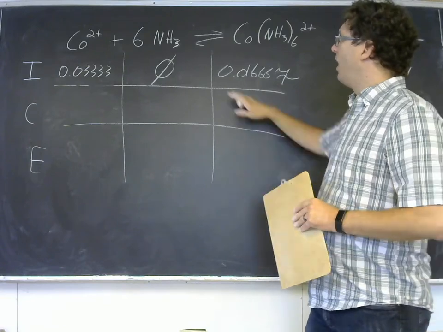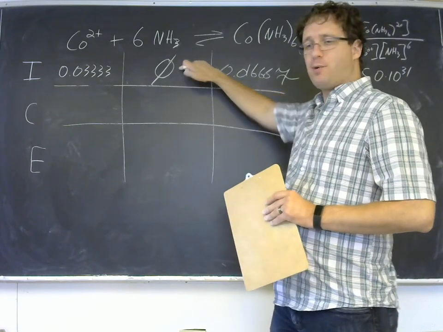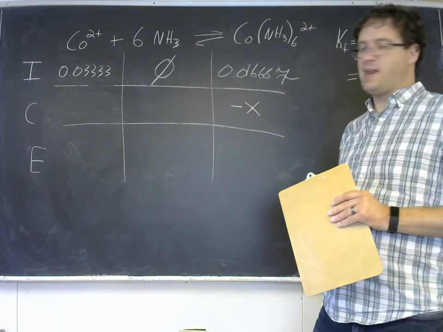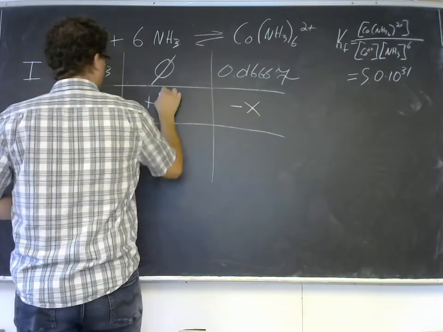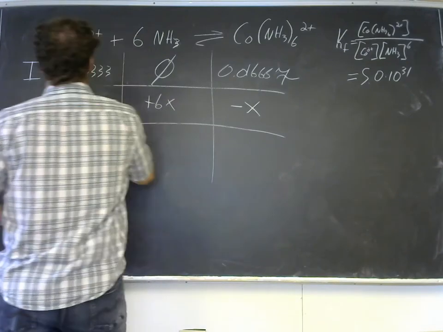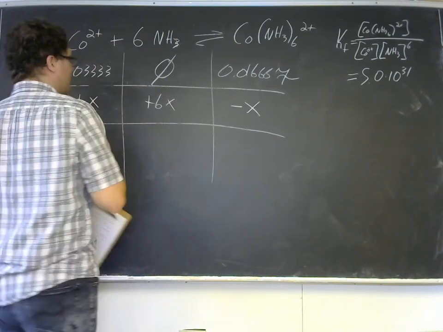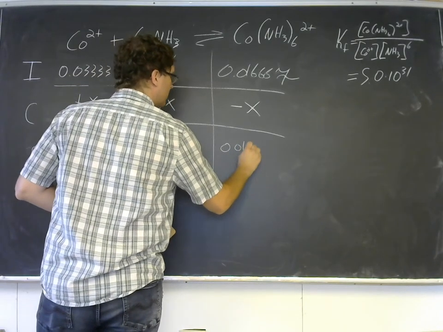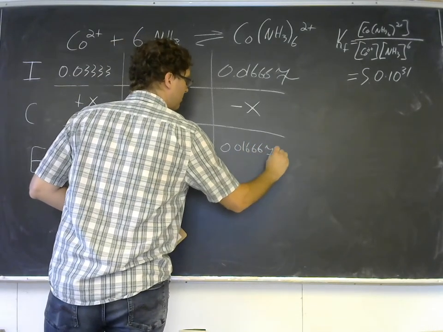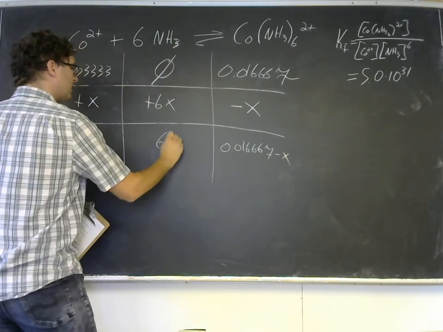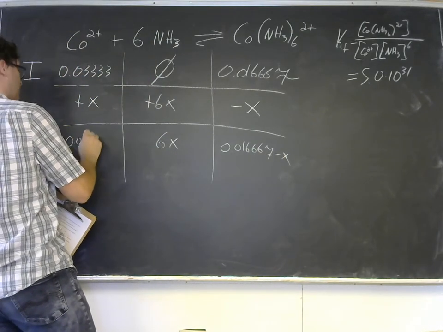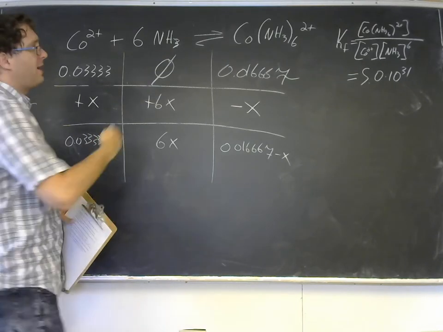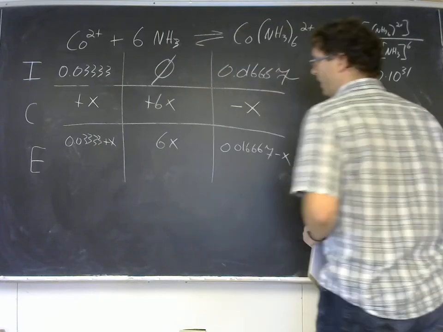Well, since I have 0 ammonia, I know that I'm going to have to go in reverse. I'll have a negative x here, plus 6x there, and a plus x there. And so my equilibrium amounts are 0.016667 minus x, 6x, 0.03333 plus x.